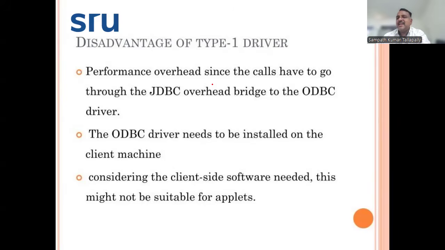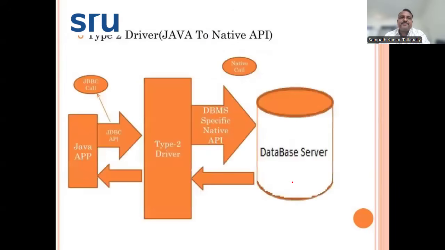All those things have to be compiled and executed, so it is going to take some time. And it needs to be installed on the client machine, as discussed earlier, so client-side software is needed. So that is your type 1 driver.